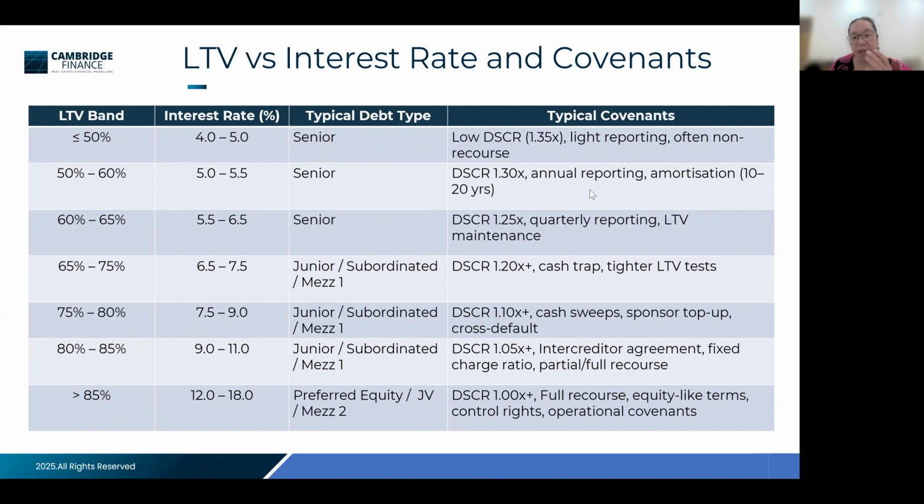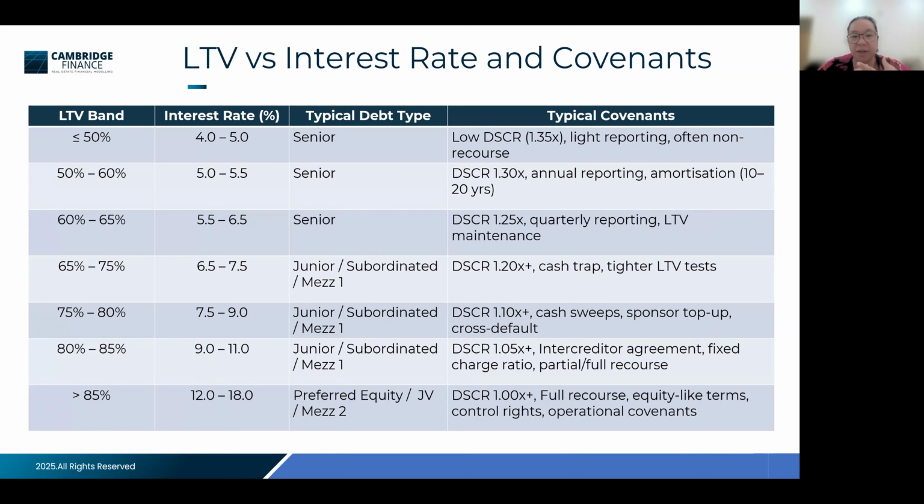And then what we have here is the typical covenants. Okay, so this is pretty much the average. As you know, with an average there is a big standard deviation in terms of what we see in the market, but this tends to be what we're seeing right now.